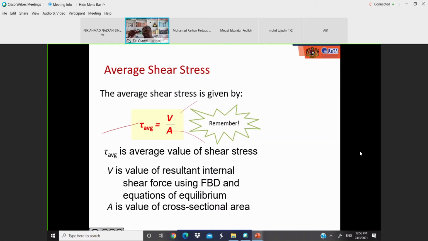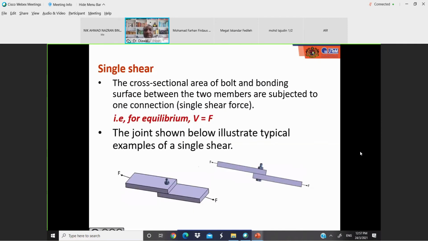So if I have a force that I'm applying here, my shear force is going to act here. And this is going to act tangent to the force I'm applying. If I'm applying my force here, my shear force will act like this. So your shear force will always act at the bolt or the joint.